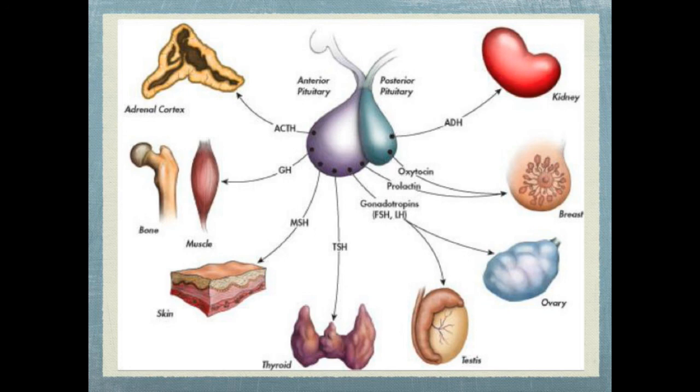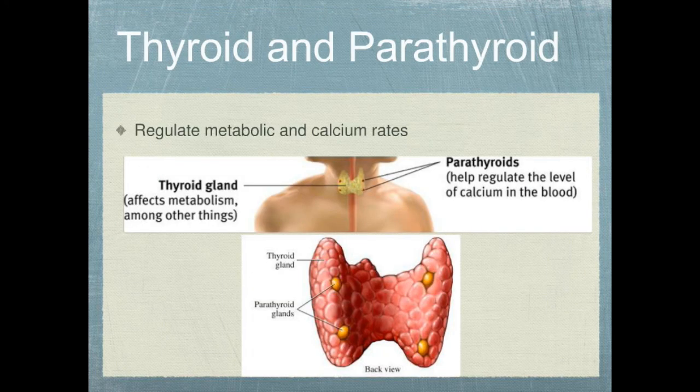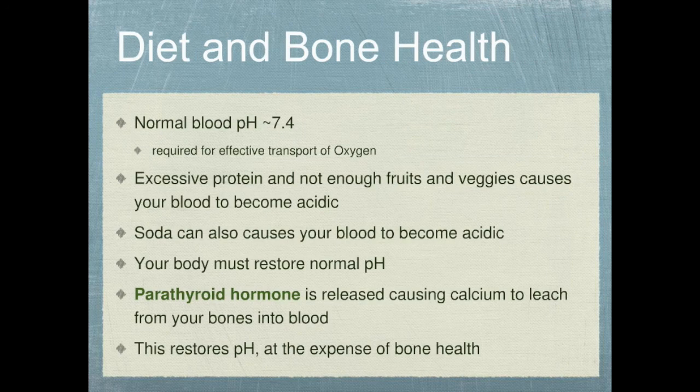As far as the endocrine system goes, there are some hormones that you need to know. You have to know the glands. This is a tough one. I'm not really sure how to direct you on studying, because any of this information could pop up at any time on the AP exam.